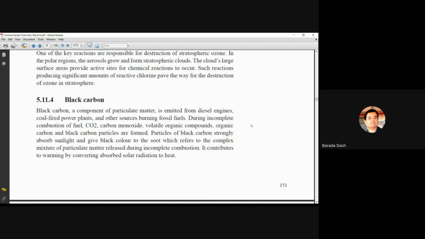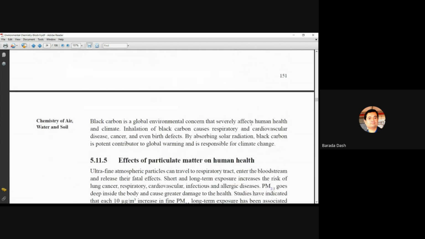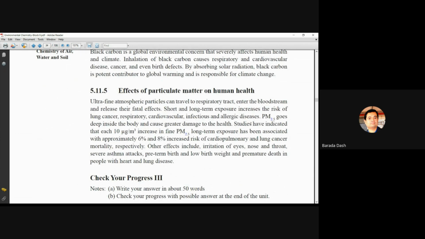Particles of black carbon strongly absorb sunlight and give the black color to soot, which refers to the complex mixture of particulate matter released during incomplete combustion. Basically, black carbon comes out because of incomplete combustion.